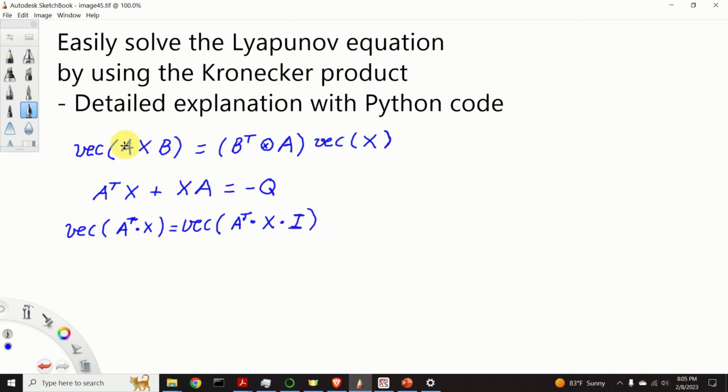Let's now compare what's written over here and what's written over here. Obviously, A transpose serves the role of A, identity serves the role of B, and consequently we have B transpose. That is, we need to take I and transpose I, and I transpose is equal to I, and consequently we have I Kronecker A, and in our case, A is just A transpose.